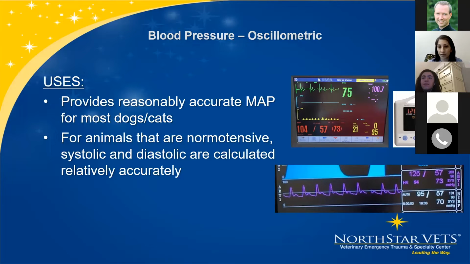So some of these units do work quite well as far as estimating a good blood pressure. But again, sometimes that depends on whether the patient is already very stable and has good circulation.